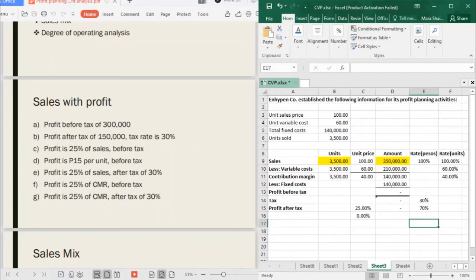This one is easier compared to the previous one, because you know that the profit or your NPR is already said to be 25% of your CMR. So in that case that is 10%.